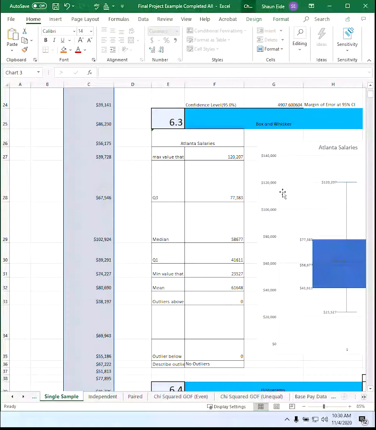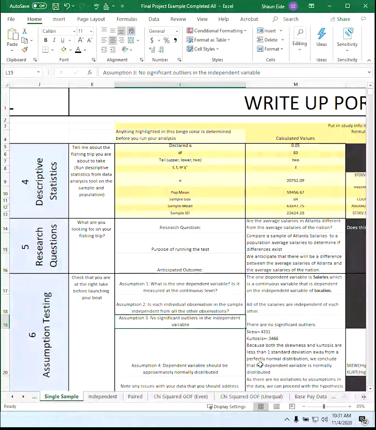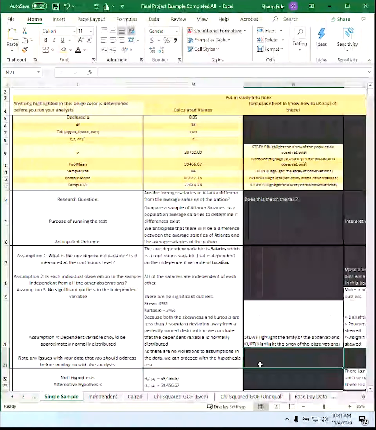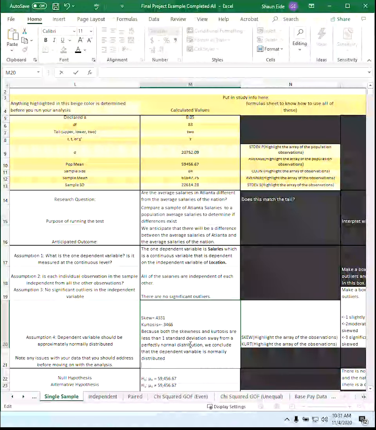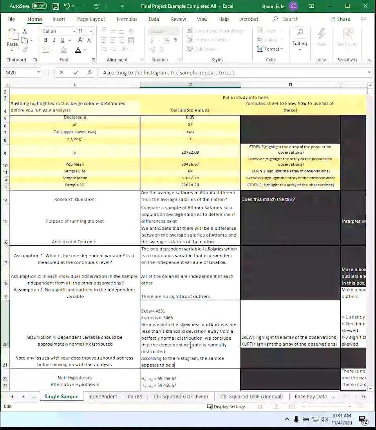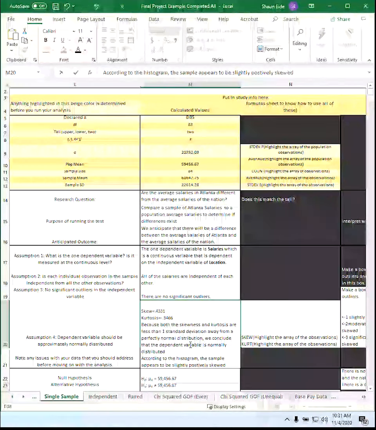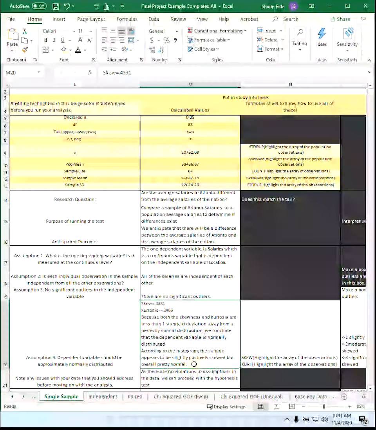Then when you come up here to the assumption testing, you can also put in here, according to the histogram, the sample appears to be slightly positively skewed, but overall pretty normal. Okay, so that's how you would put that in there.